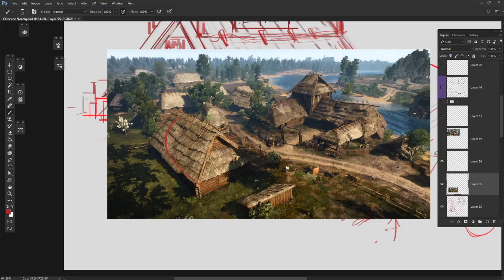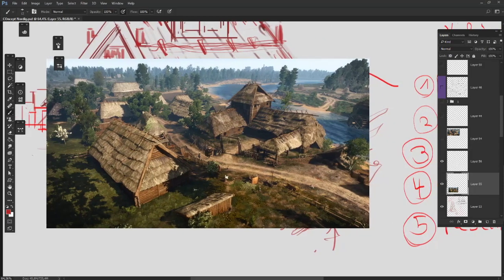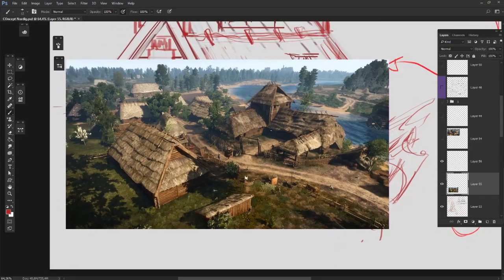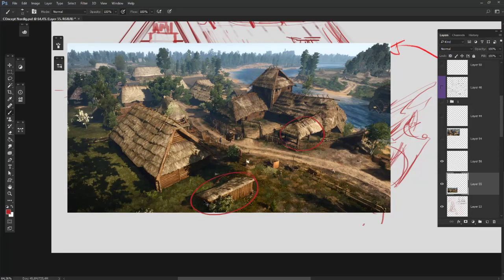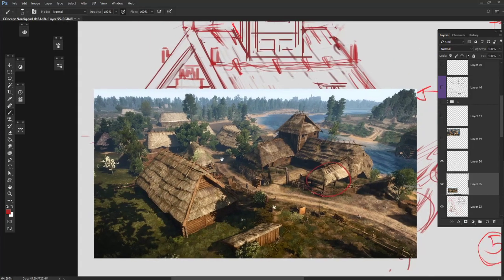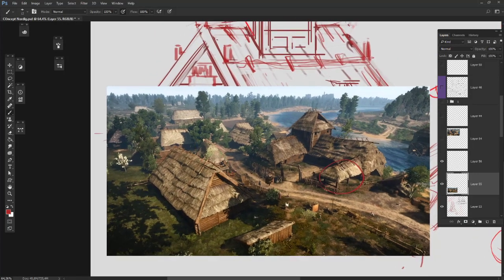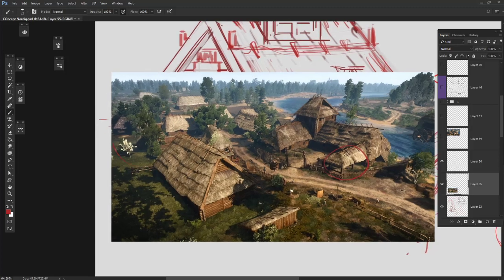This is function follows form. Why is it function follows form? Well, maybe because this is an inn. This is where your horse is going to be stored. This is for the chickens, a chicken farm. This is a normal village house, another village house, another one.